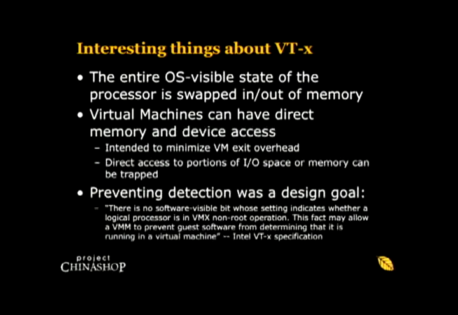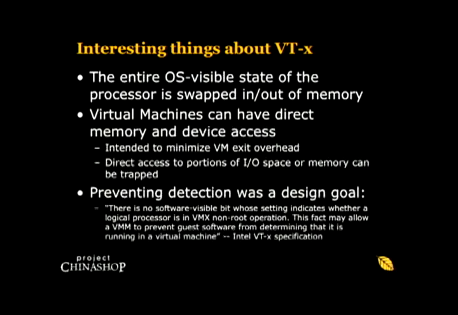What makes VT-x interesting is that the entire OS-visible state is swapped in and out of memory, which makes it fast, makes it easy, and allows you to save all the OS state to disk and resume the VM later. And like I said, it allows for direct memory and device access.